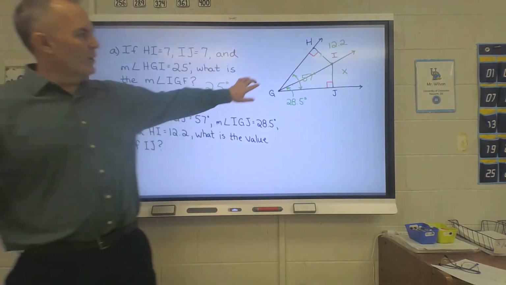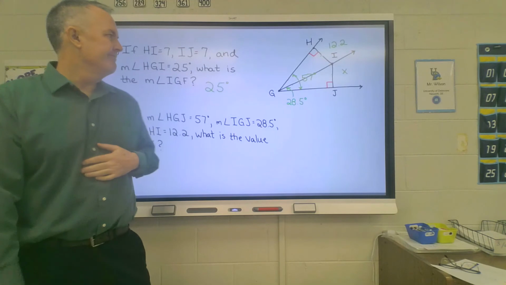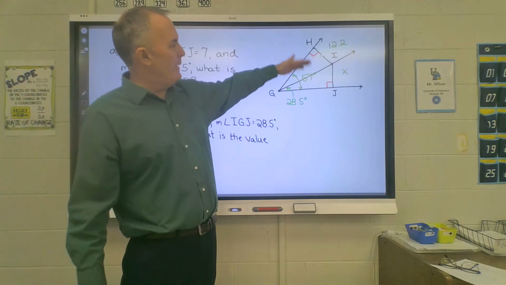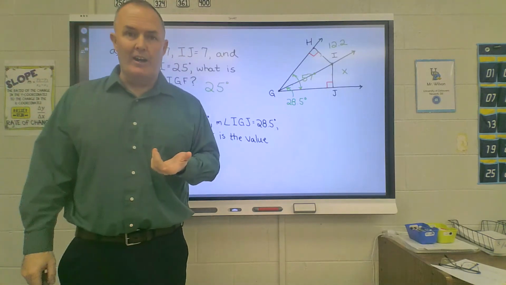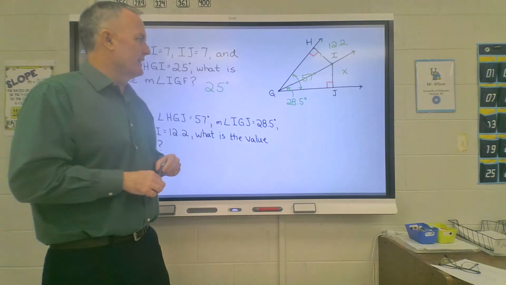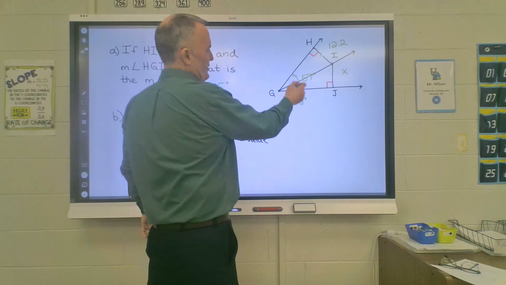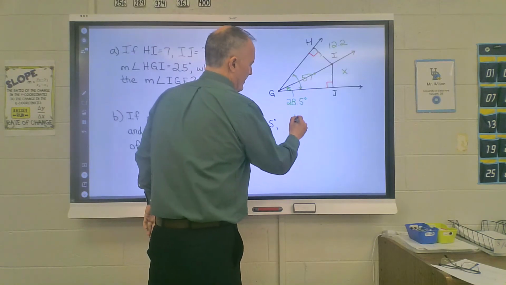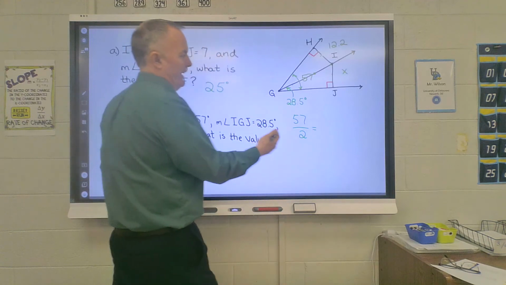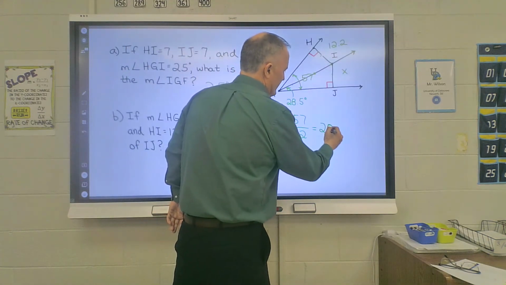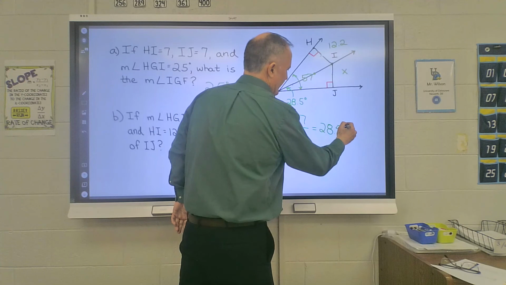We're not sure if this is an angle bisector yet. However, if I take my big angle and divide it by 2, and I get 28.5, then it means it's an angle bisector. So let's take the measure of the big angle, 57. If we divide that by 2, we are going to get 28.5 degrees.